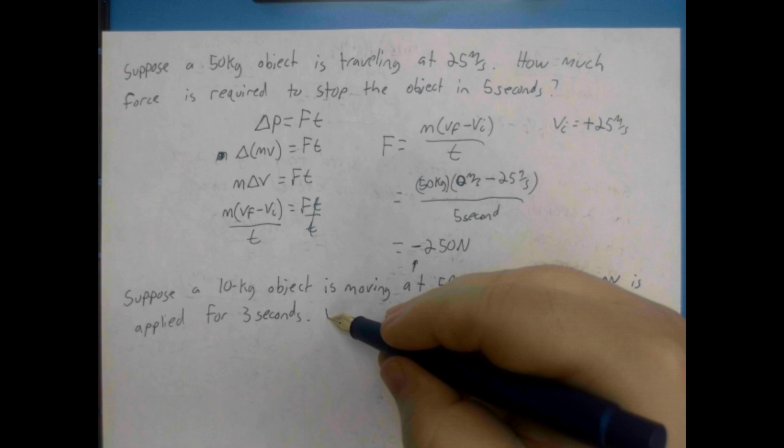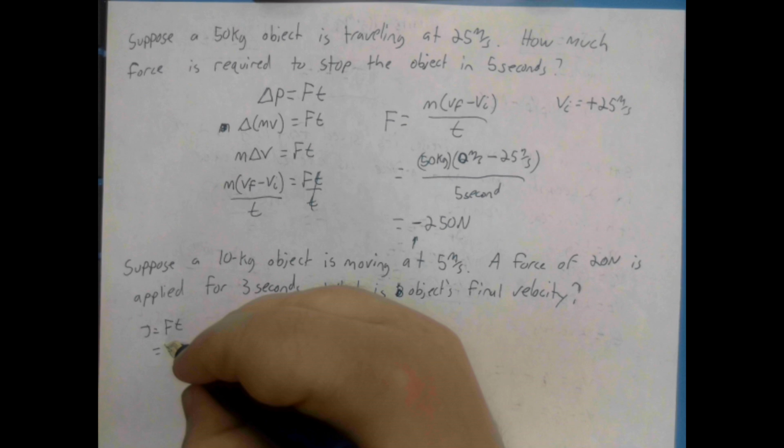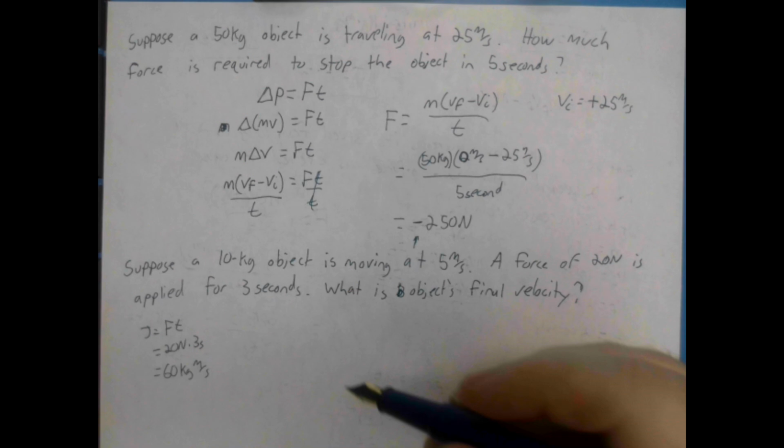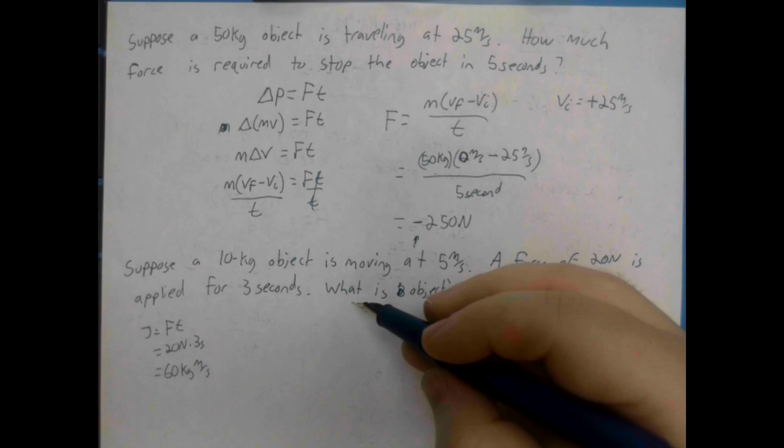So, force times time is impulse. So it experiences an impulse of 20 newtons times 3 seconds, so 60 kilogram meters per second. We have change in momentum, so m times Vf minus m times Vi.